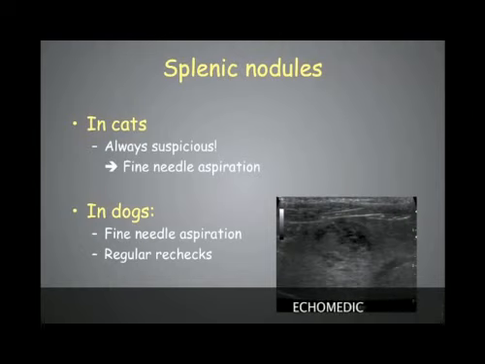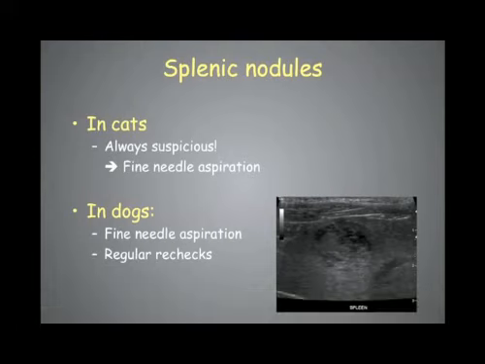Splenic nodules in cats are always suspicious, so we definitely need to do fine needle aspiration in all of those cases. In dogs, it's a bit more complicated. If it is a target lesion, it will of course be very suspicious of metastasis, so we definitely have to take aspirations. For the other types of nodule, hypoechoic or mixed, it's also advised to do fine needle aspirations.